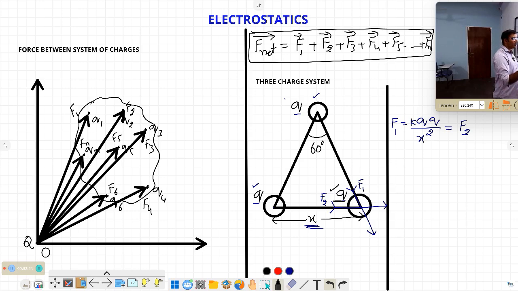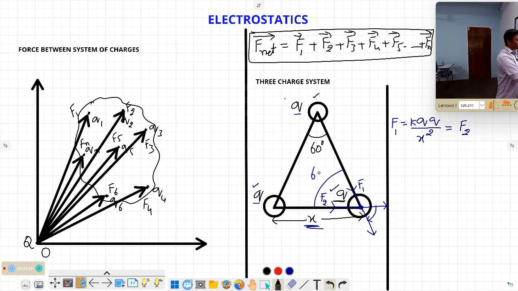Now this is the most important understanding here. These are the two forces acting on this charge, separated by a certain angle. Both are not acting in the same direction. One is acting along the x-axis, another one is acting in the downward direction. How much is the angle? According to geometry, this angle is equal to 60.